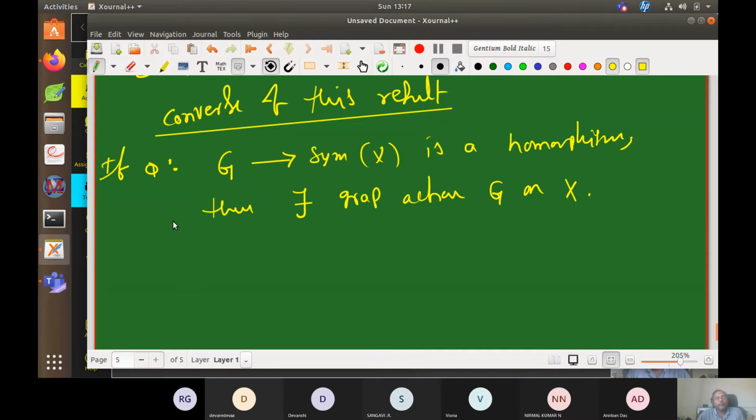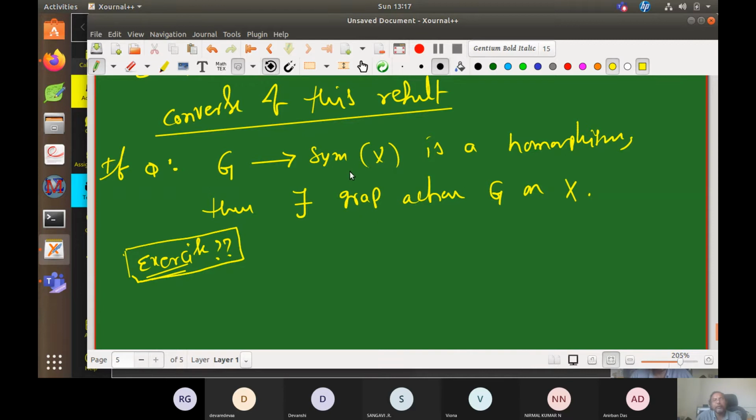So are you able to try this? This is an exercise. Next class, one of you can come up and prove this. But it is true. There is a one-to-one correspondence between the group actions and the group homomorphisms from G to the symmetric group of X. So the number of group actions is equal to the number of homomorphisms from G to the symmetric group of X, and at least one will be there.